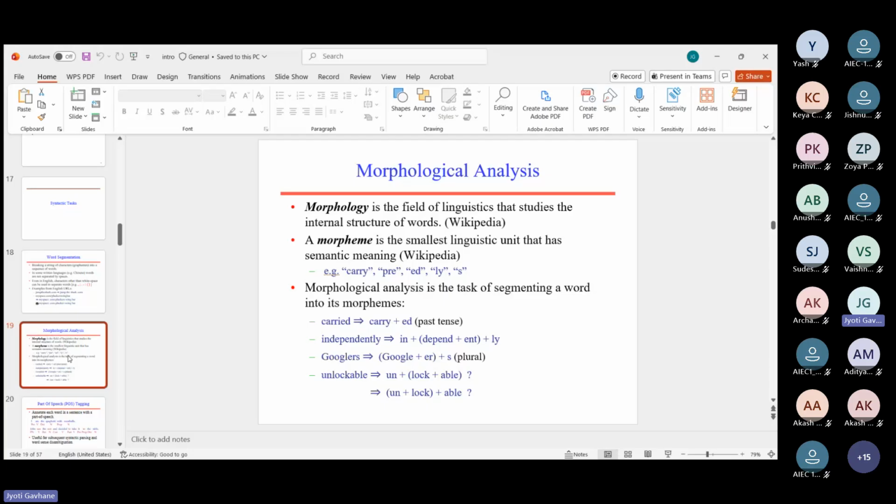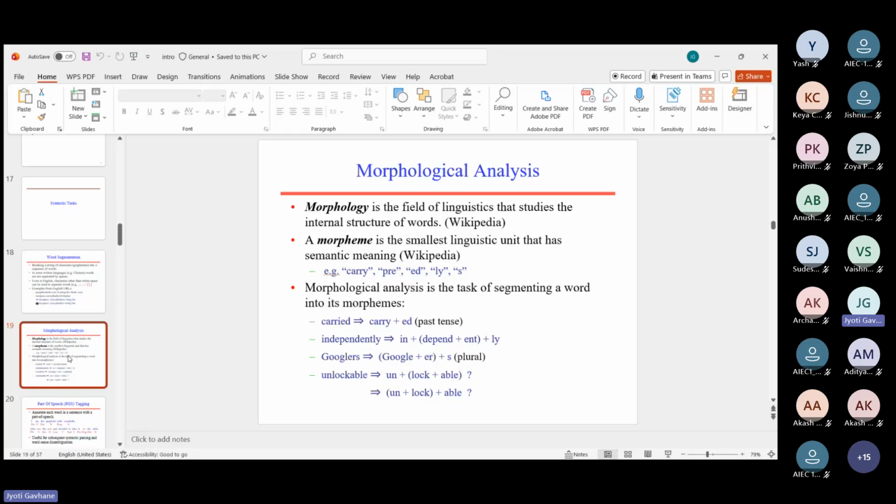Why? Because it is going to help you to process the language. So a morpheme is the smallest linguistic unit that has semantic meaning, where you are not interpreting a word in a different way, right? So this is your morpheme.